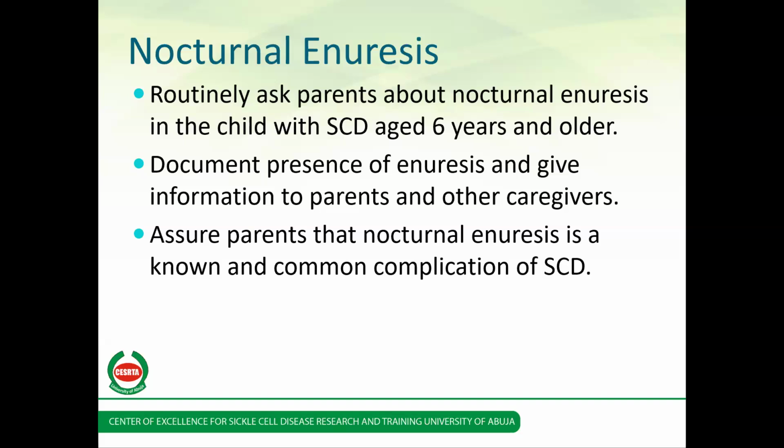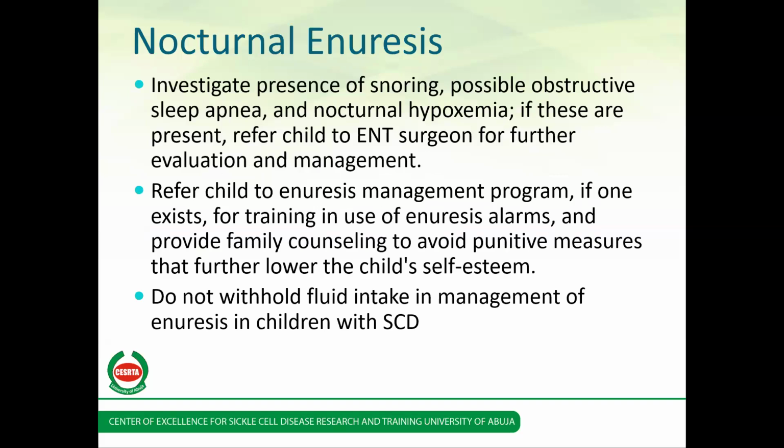Nocturnal enuresis. Routinely ask parents about nocturnal enuresis in the child with sickle cell disease age 6 years and older. Document presence of enuresis and give information to parents and other caregivers. Assure parents that nocturnal enuresis is a known and common complication of sickle cell disease. Investigate presence of snoring, possible obstructive sleep apnea, and nocturnal hypoxemia.